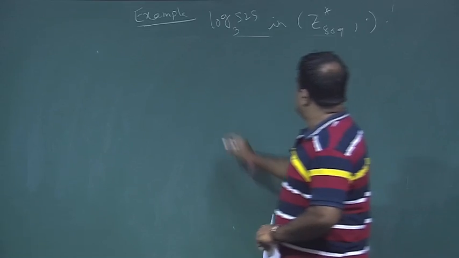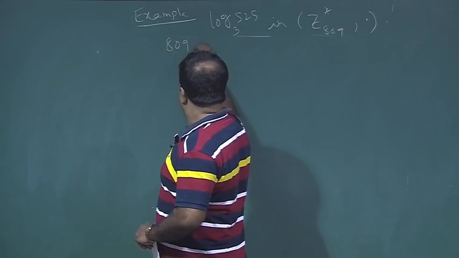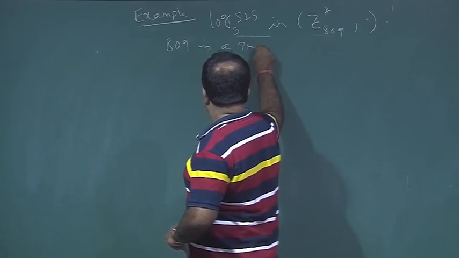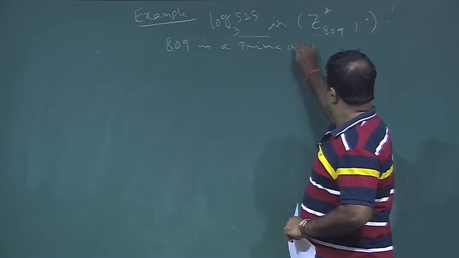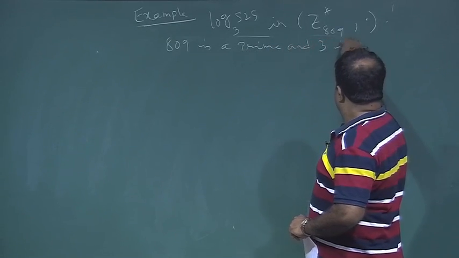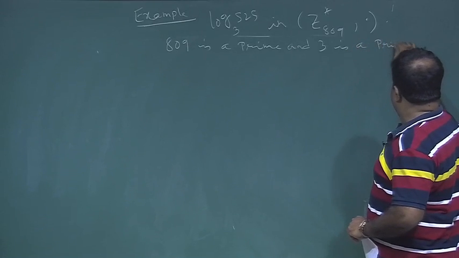Now, 809 is a prime. So, this is our p and 3 is a primitive element in Zp.